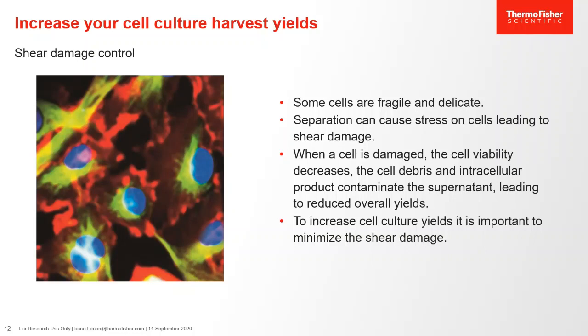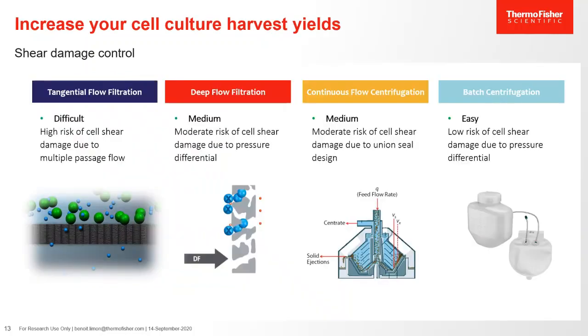So to increase the cell culture yields, it's then important to minimize the shear damage effect. Let's evaluate how 4 different separation techniques can control the shear damage.